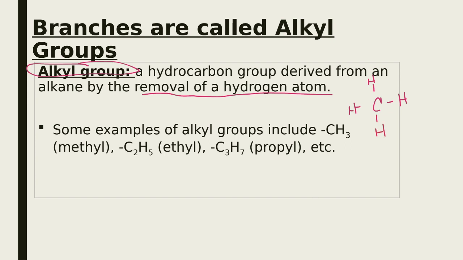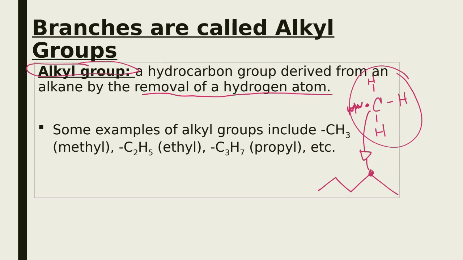Okay, so this is our alkane that is called methane. If we remove one of these hydrogens and we just have that electron that is not bonded to anything, this structure right here can now be bonded into a straight chain molecule. Okay, so it could go right here and it could be bonded in as a branch.